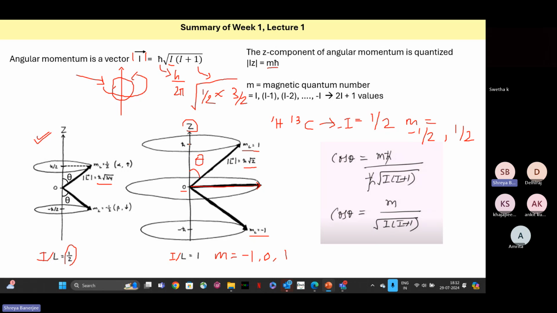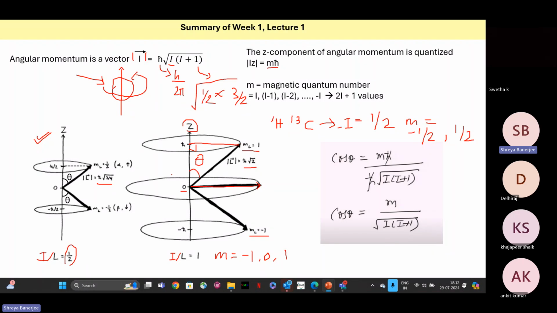So you know cos theta is base by hypotenuse. If you can see, this is a right angle triangle. So cos theta will be this z component divided by the vector magnitude. The z component we already know is m h bar, and the vector magnitude is this.